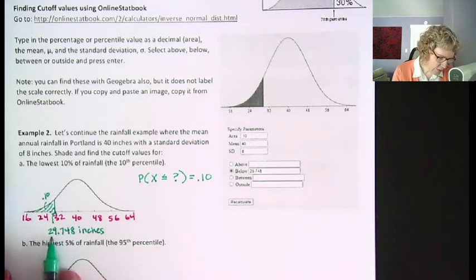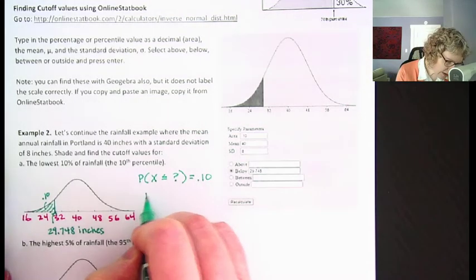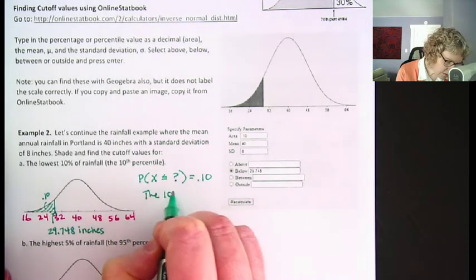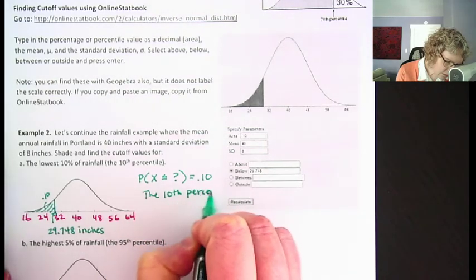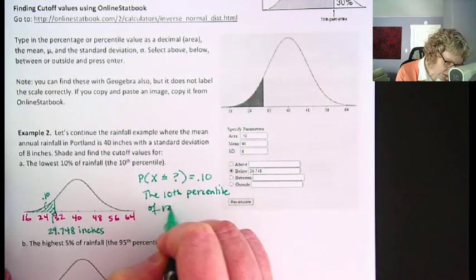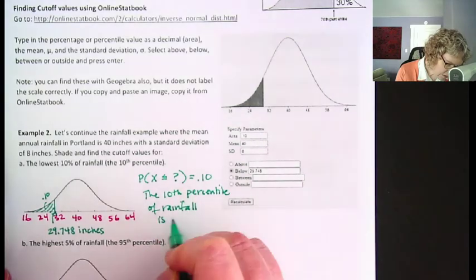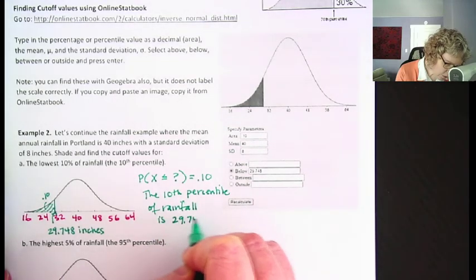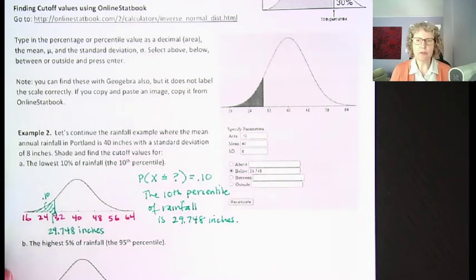And the answer is 29.748, we could round this to 29.7 inches. So let's say the 10th percentile of rainfall is 29.748 inches, or you could round it off.